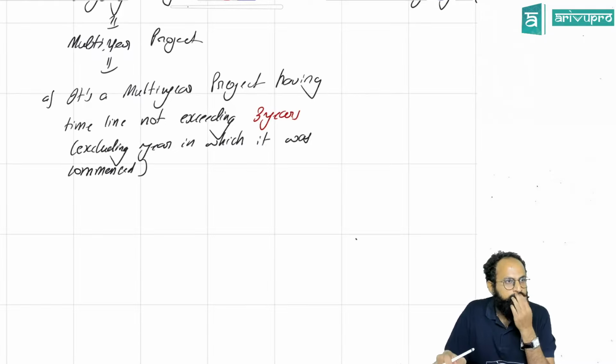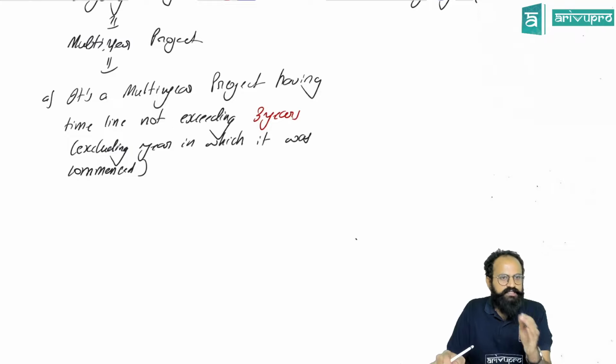Correct? So they'll give me 3 years time. In that 3 years, I should not count the year which we started.